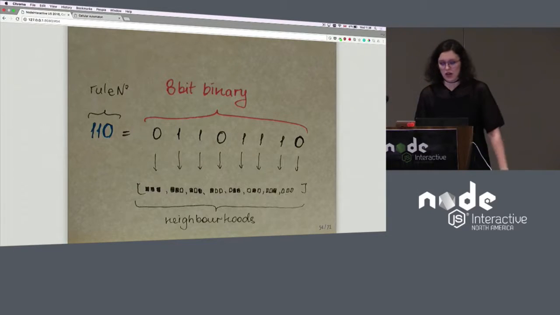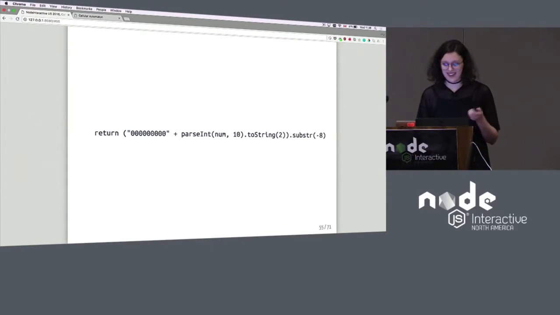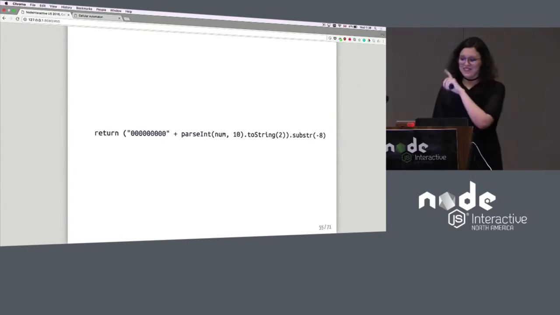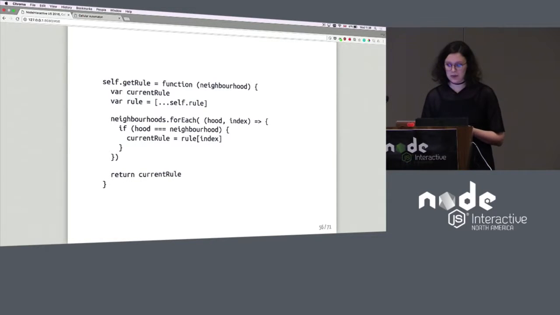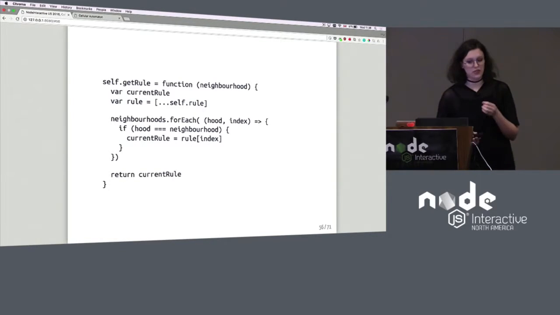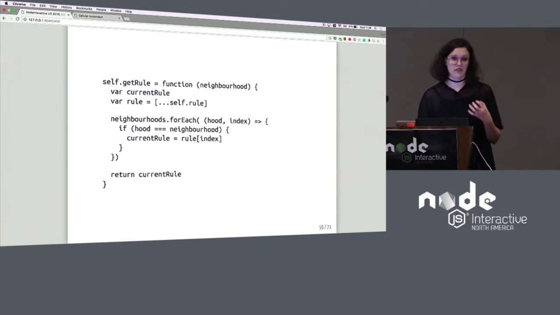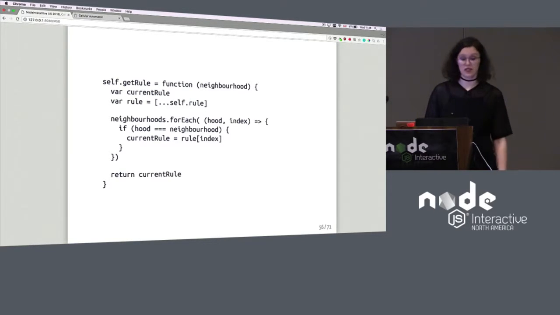Getting it into 8-bit binary was a bit of a pain with JavaScript, but I got it into the 8-bit stage. Basically, given a particular neighborhood that a certain cell is in, I'm able to assign it a rule that it should follow, and it should update its state on the next life.